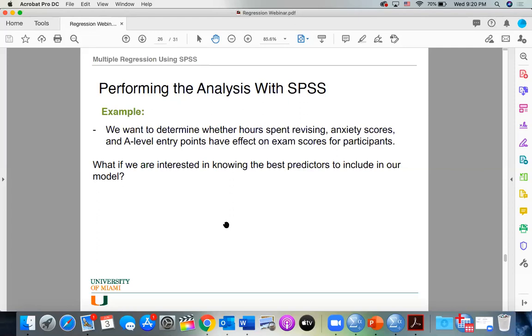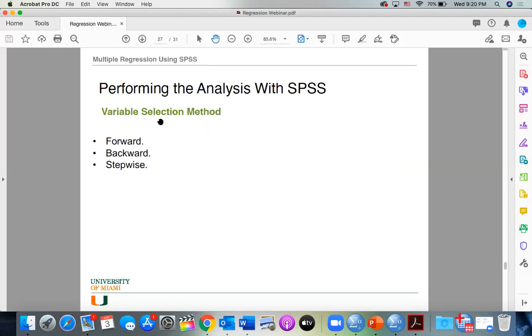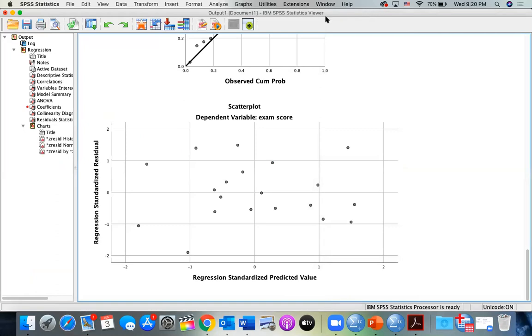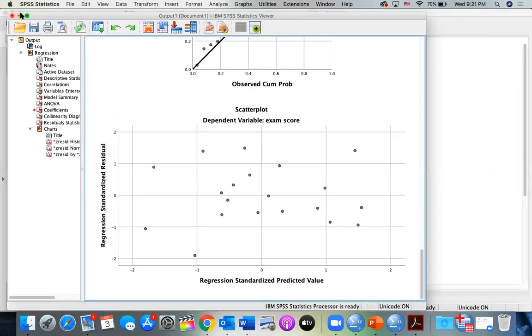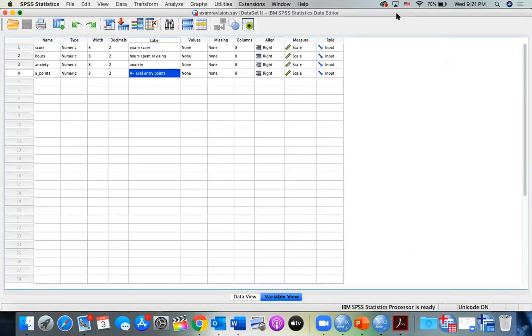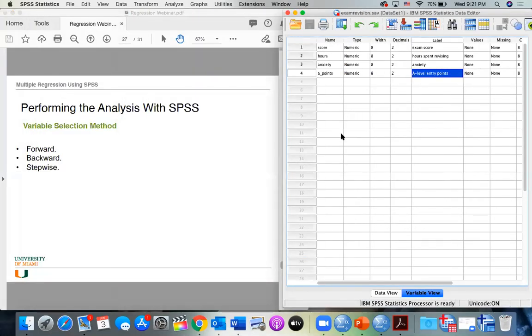However, sometimes we are not sure which predictors are the best for our model. So we want to go through this approach in which we will use different variable selection methods when we want to run the analysis. So let's go back to SPSS, and sorry, let me just minimize this. Are you able to see my SPSS screen?